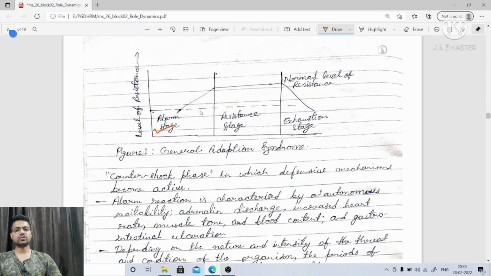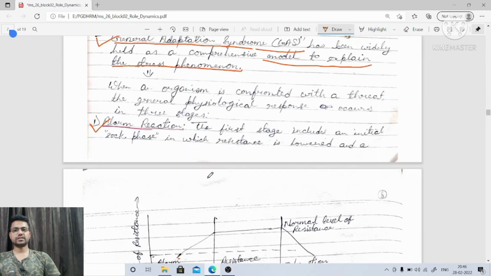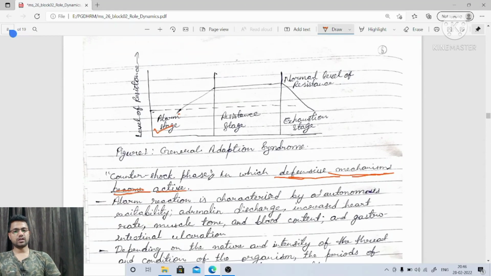Resistance here is lowered, and this is the shock phase. Here I'm underlining: defensive mechanisms become active. So the alarm stage is an initial shock phase in which defensive mechanisms become active.